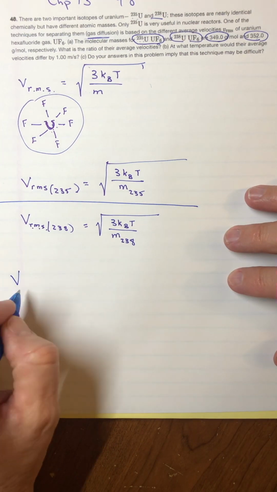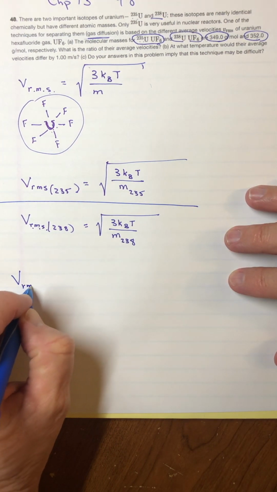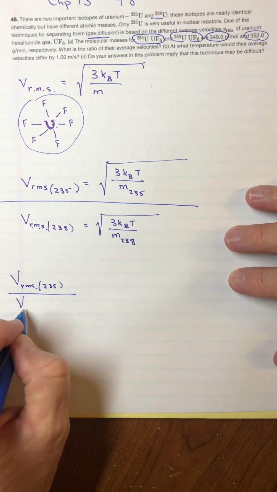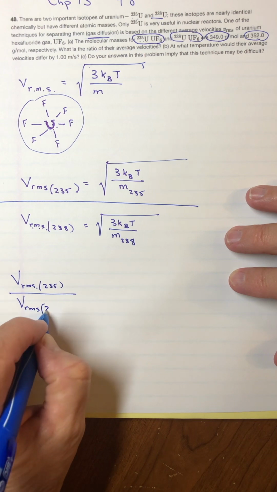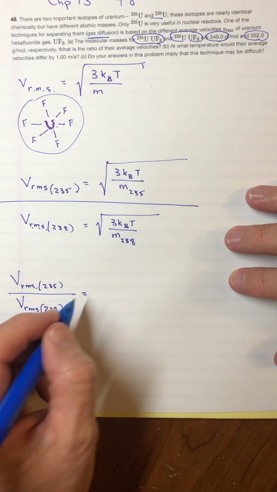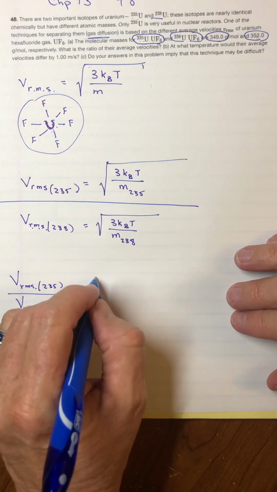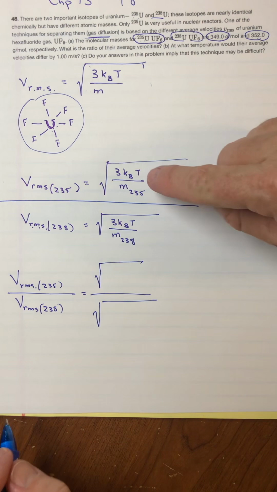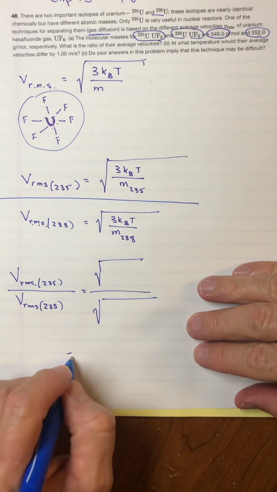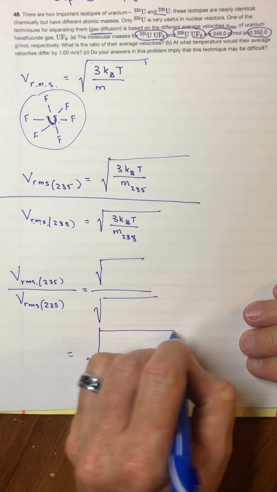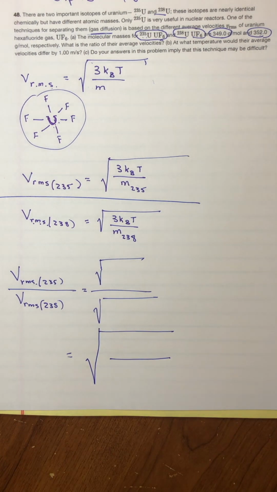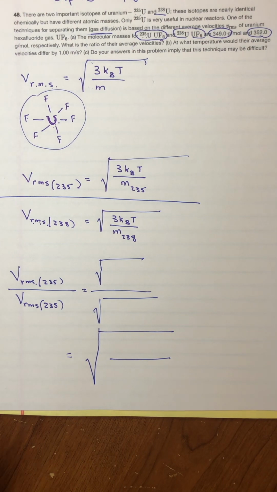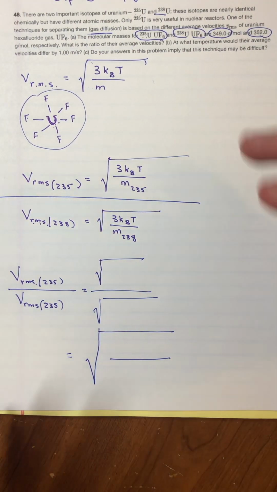And so the RMS velocity of 235 divided by the velocity of 238 would be the square root of, and maybe I'll save a little paperwork by just saying that over that, because what I want to do is take advantage of algebra here: if I have the numerator and the denominator as a square root, I can just write a square root over the whole fraction.